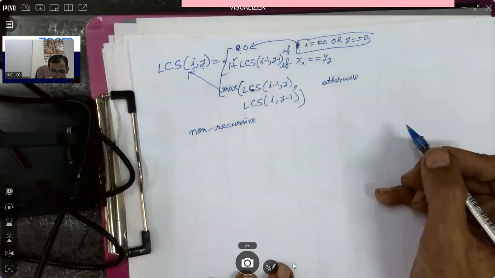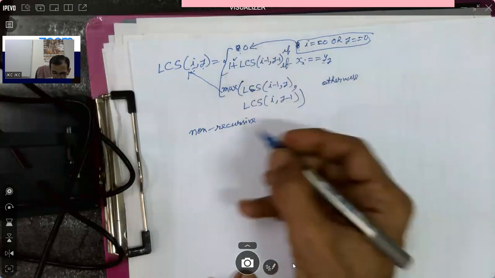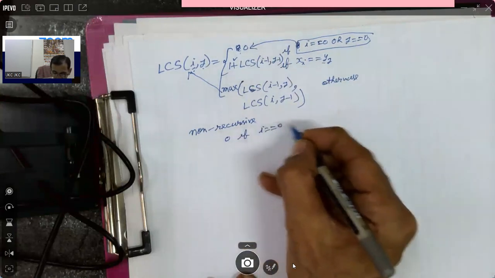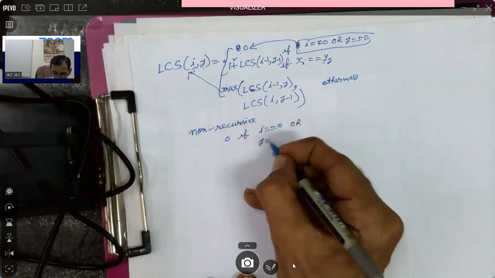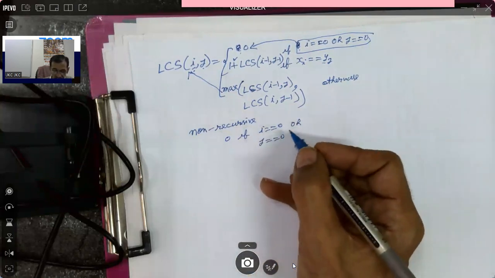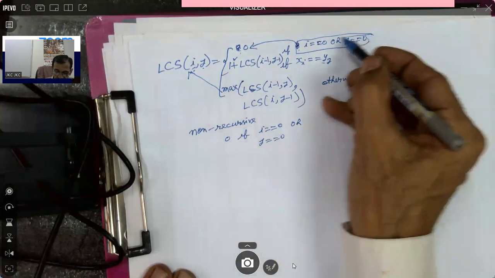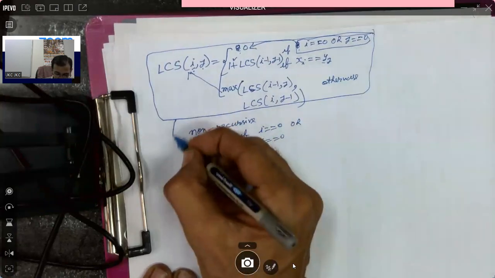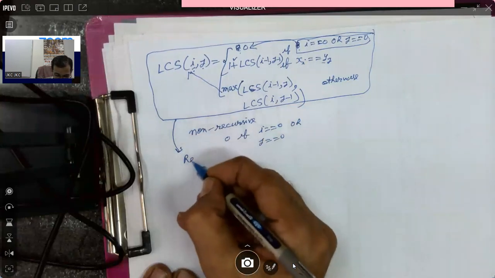So this can be non-recursive: 0 if i equals 0 or j equals 0. Having said that, this directly becomes ready as a recursive definition and implementable.